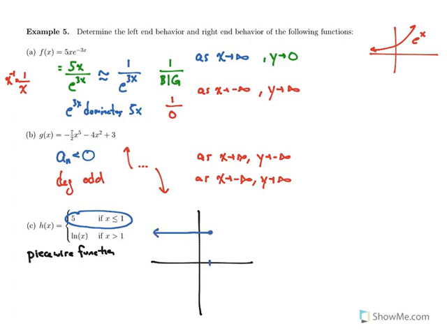When x is greater than 1, this function will be natural log. So if we graph natural log here, we know that it's going to start at the x-axis when we start at 1, going off to the right.